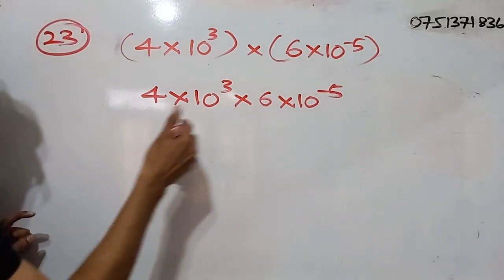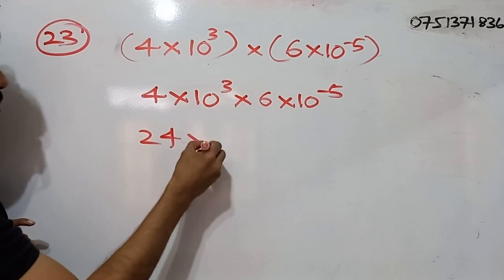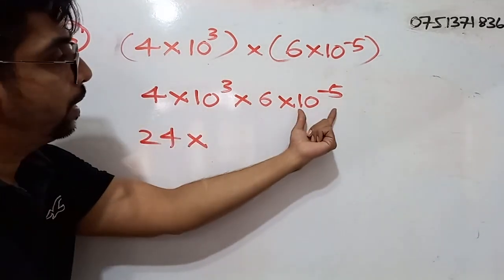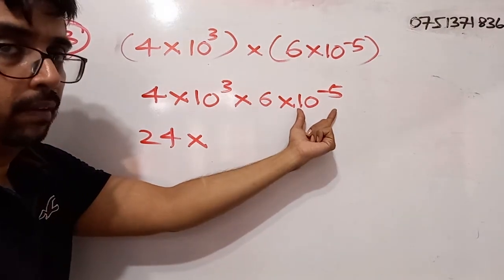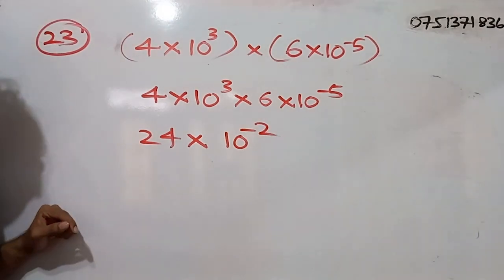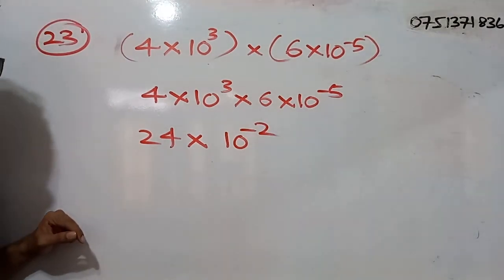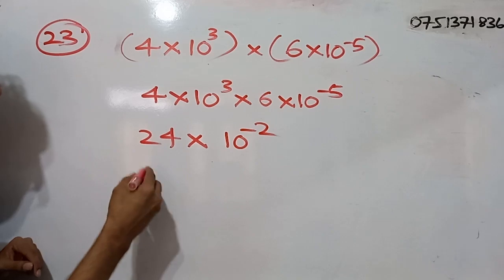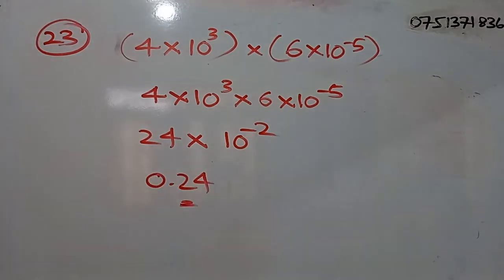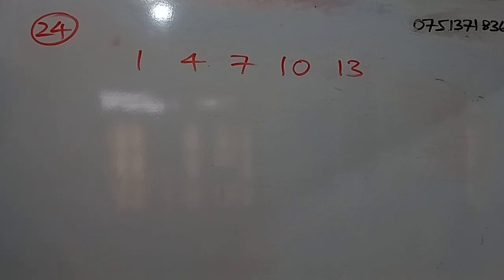So 4 into 6, we know that is 24 multiplied by, here we have 10 to the power 3. Here we have 10 to the power negative 5. So what's the outcome? 10 to the power negative 2. So we need to write down the answer in standard form now. So what is the answer? 0.24. Right.